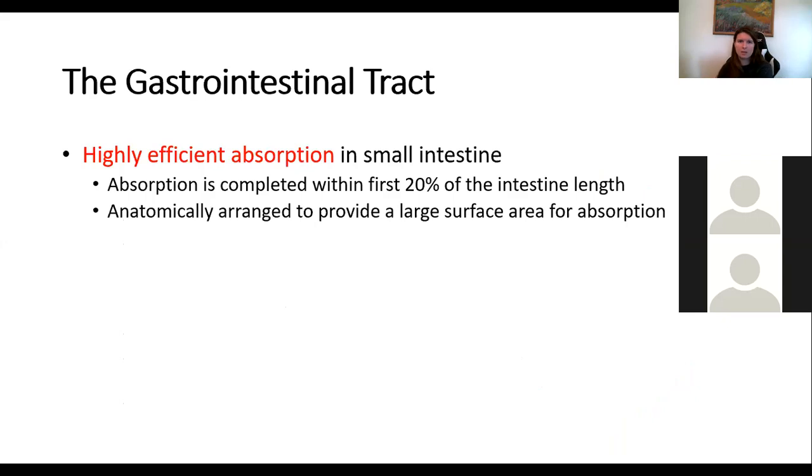Okay. Yeah, so your small intestine is highly efficient at absorbing stuff. Most of the absorption happens in the first 20% of your intestine. So you basically have a lot of spillover room in terms of intestinal function. Your intestinal tract is also anatomically arranged to provide a large surface area for absorption, right?